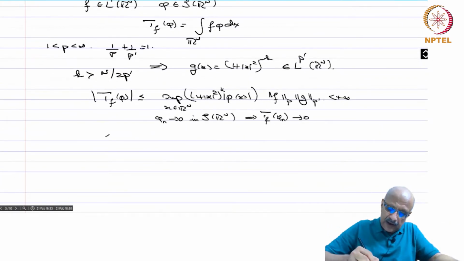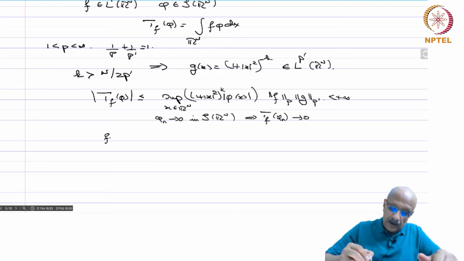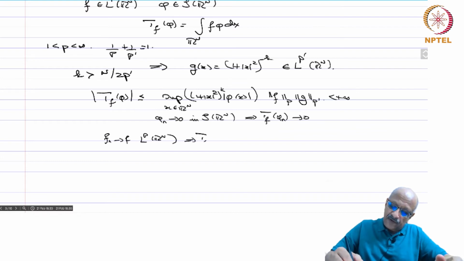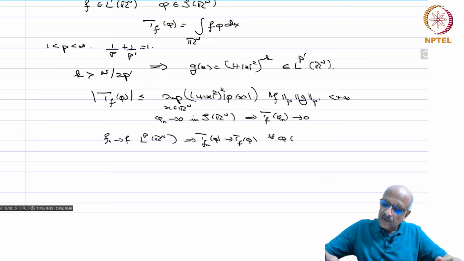This also shows that if f_n goes to f in L^p, you will get that T_{f_n}(phi) goes to T_f(phi) for every phi in S(R^n).